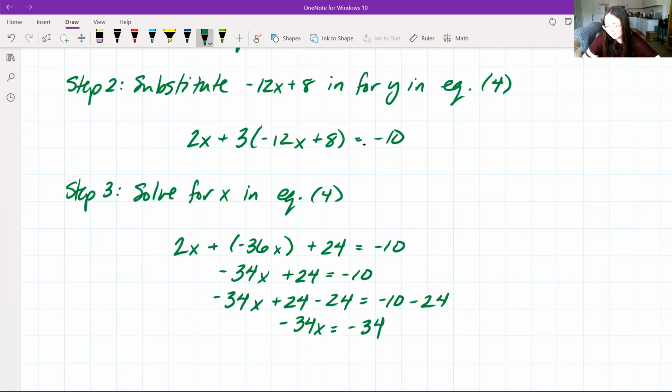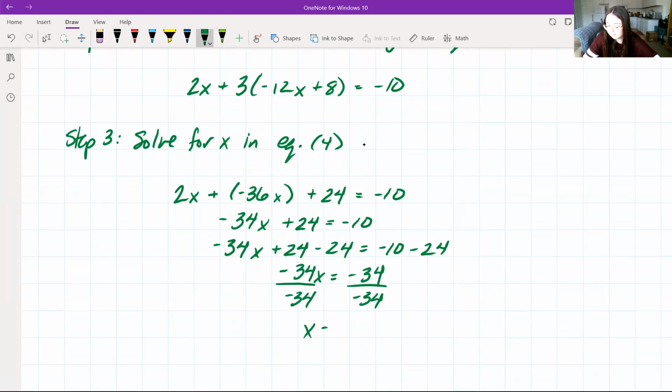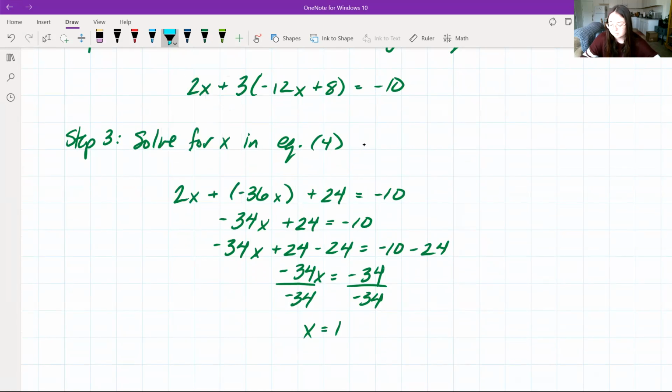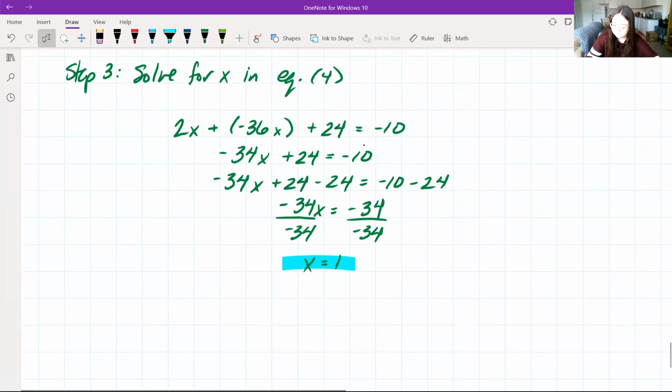So we can go ahead and divide by negative 34 on both sides. And this is going to give us that x is just equal to 1. So there we go. We've solved for one of our variables. So we found that x is equal to 1.